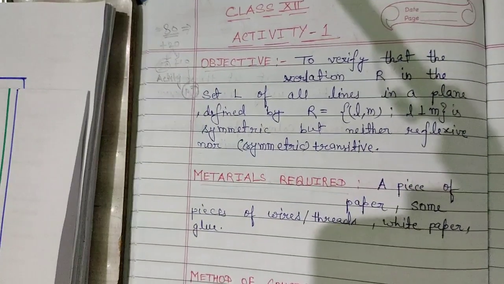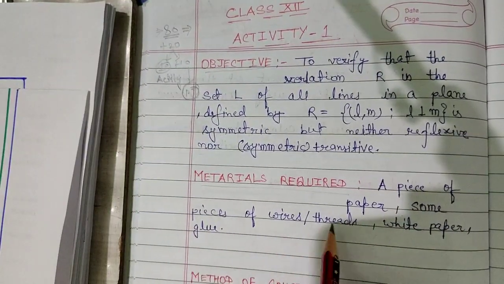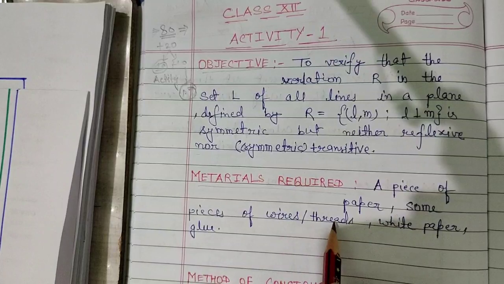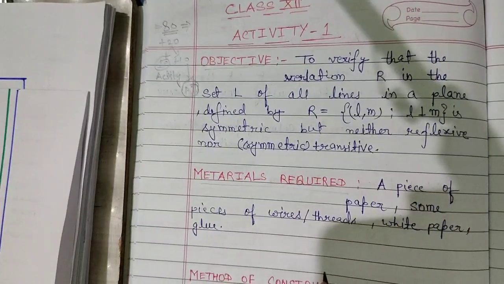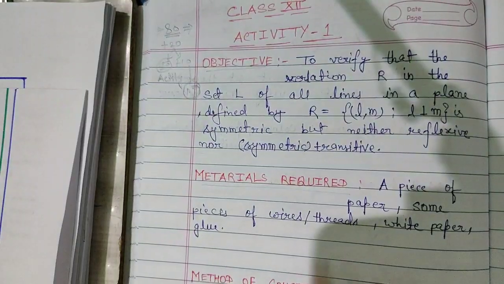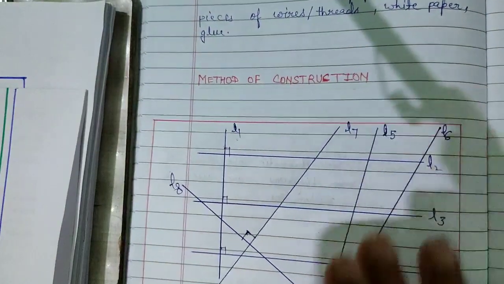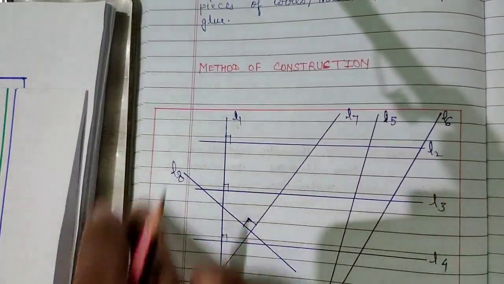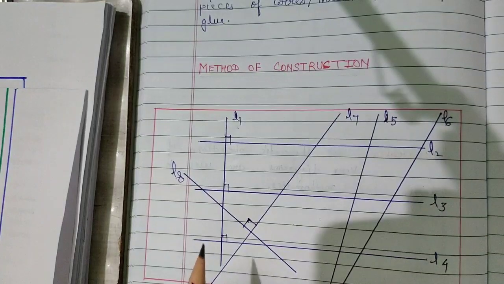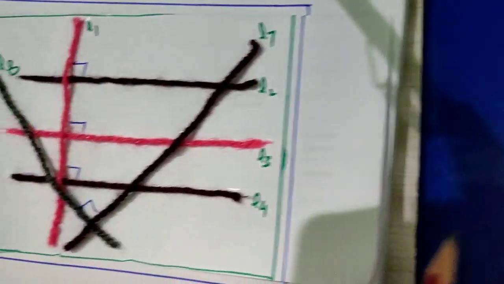Now material required: a piece of paper, some pieces of wire and thread. We will not use wire, we'll use thread, as I have shown you. These threads we will be using, white paper and glue. Now in method of construction you can observe this thing. This you can make in a rough diagram, but we have to do this thing.